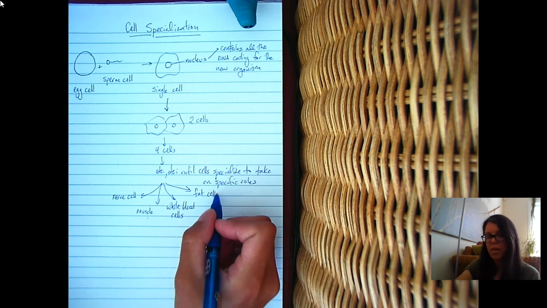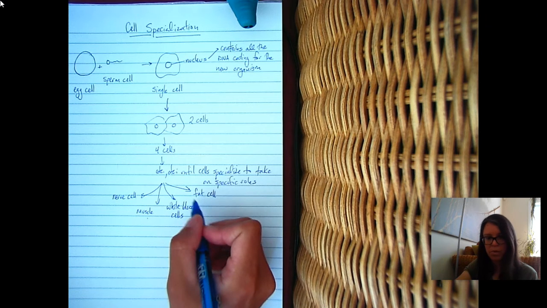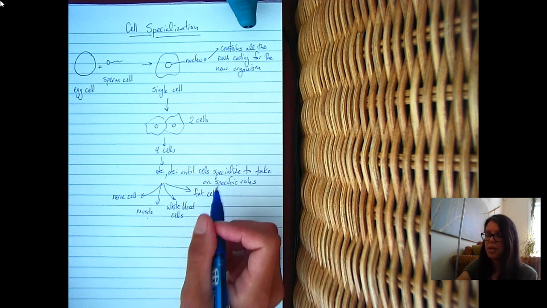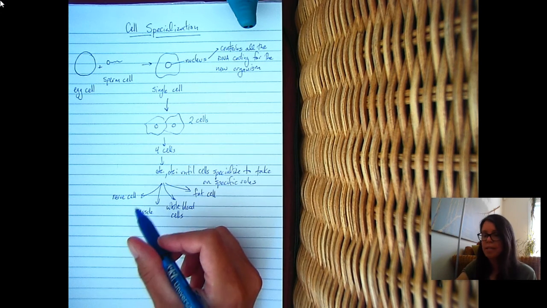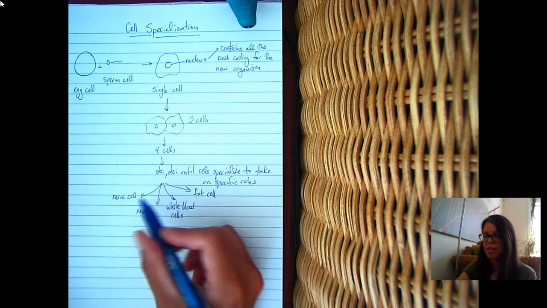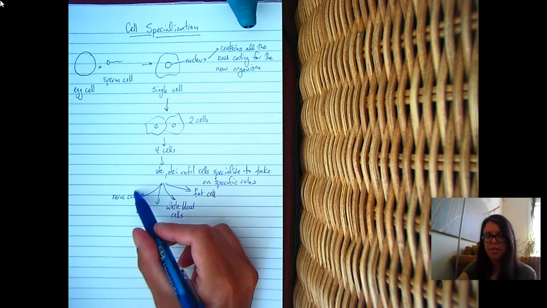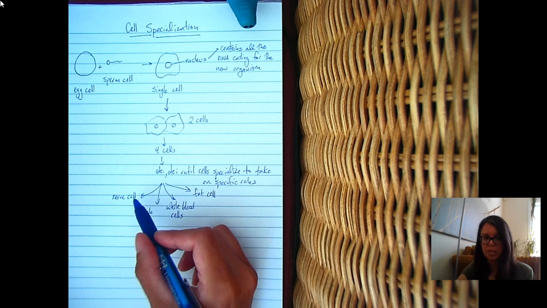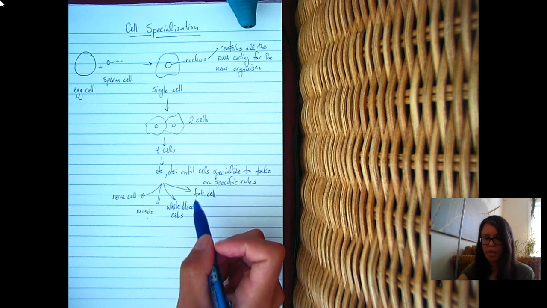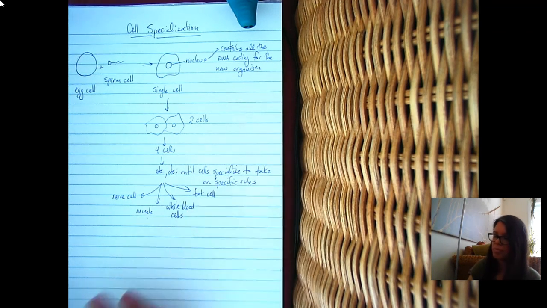This one might have a lot of vacuoles because of that storage component we talked about. So they're differentiated, they are specialized, they have specific roles to take on, and the cells have a different appearance to them, and they have a different makeup in terms of what's being built inside of them. Okay, hopefully that makes sense.